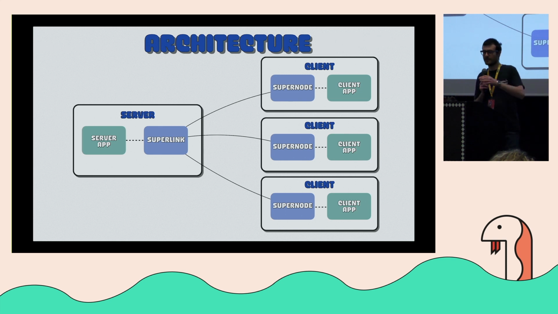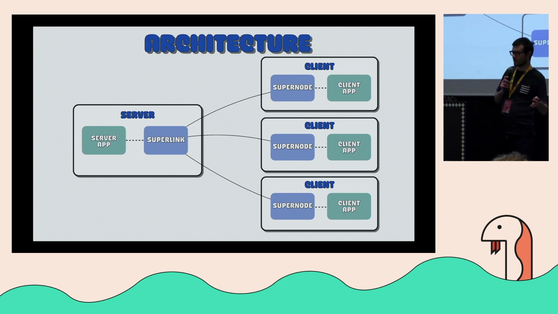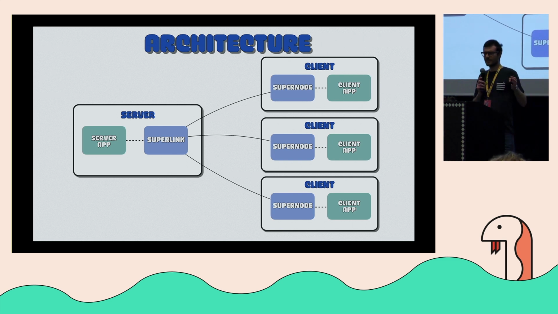And then you have the client app, which is the place in which you define your client, which requires basically one method to train the model and one method to test it. So the nice thing about Flower is that it hides the complexity of the communication. You will not need to deal with the communication between the clients and the server.